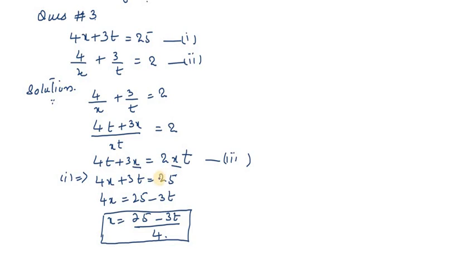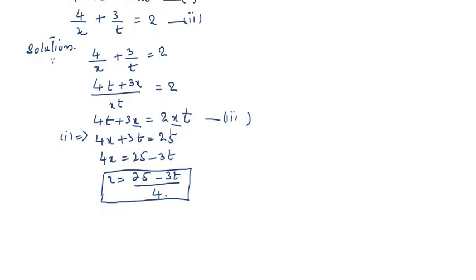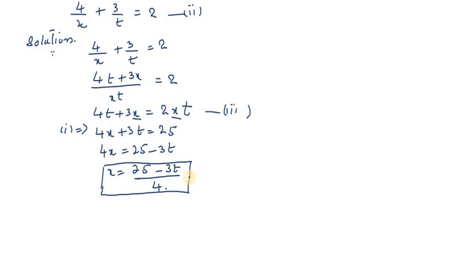So we get a quadratic equation in the variable t, and after applying the quadratic formula we get the value of t. When we get the value of t, we substitute it back in the expression getting from equation number 1. So we get the values of t and x by solving these two equations and form the solution set.